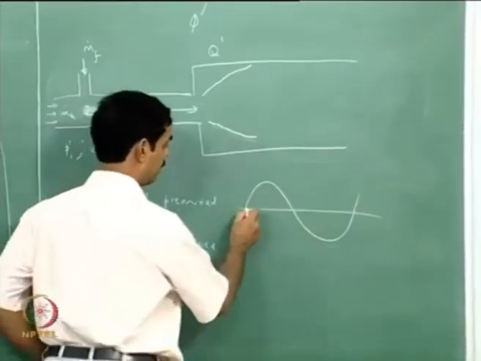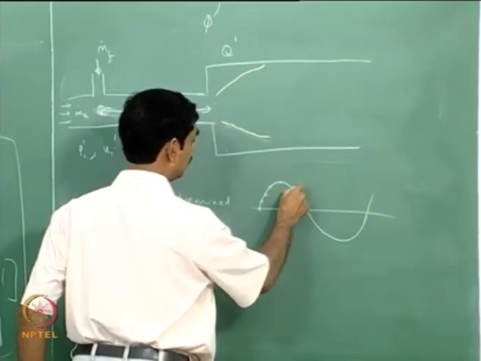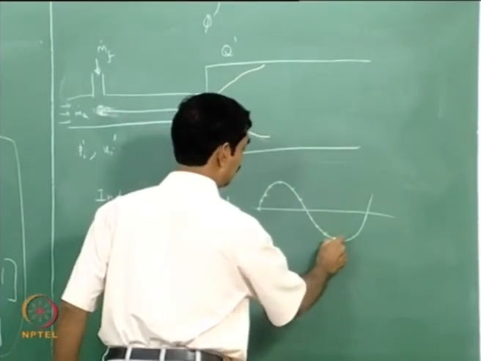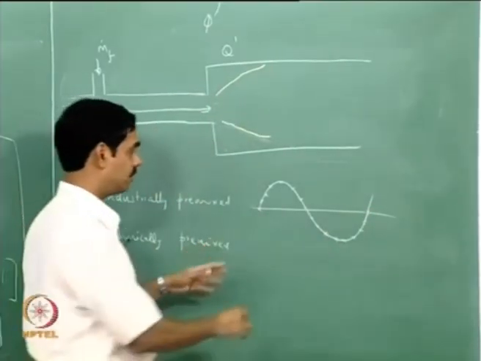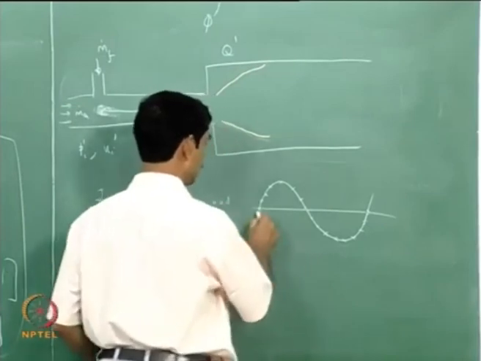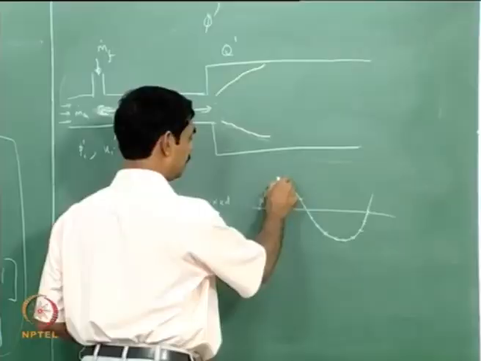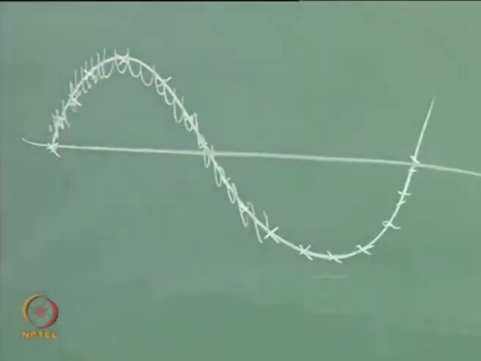So I take values at this phase, at this phase, here, here, here, and like that all over. And then if you construct the velocity from this bin, it will have a lot of fluctuations riding on a mean.